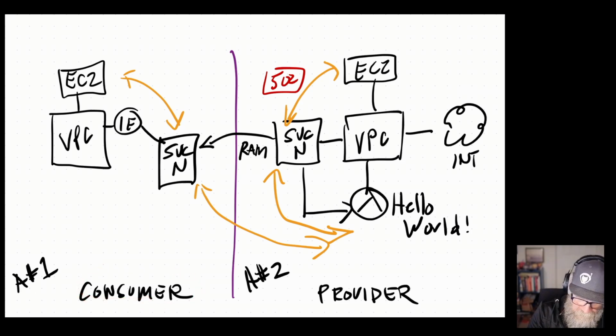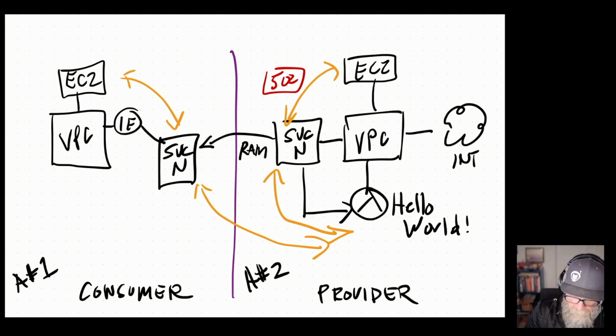And then we associated this service network with this VPC through a service network interface endpoint. And from this EC2 instance, the traffic is now able to go like that. And then obviously the return.